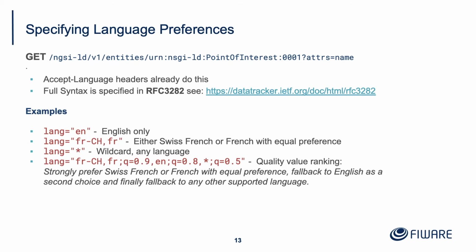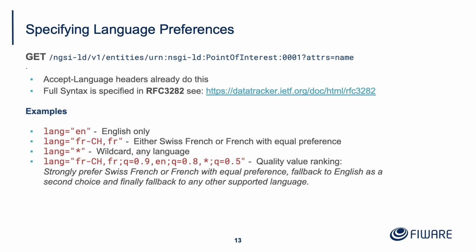So this is a standard syntax where you would be able to comma separate languages at the same level of preference. So you could say, I want Swiss French or French by having fr-CH, comma, fr. Or you could actually add in a quality value ranking. This is saying, I prefer this language, but if you haven't got that, give me that. If you haven't got that, give me that. If you haven't got that, give me whatever you've got.